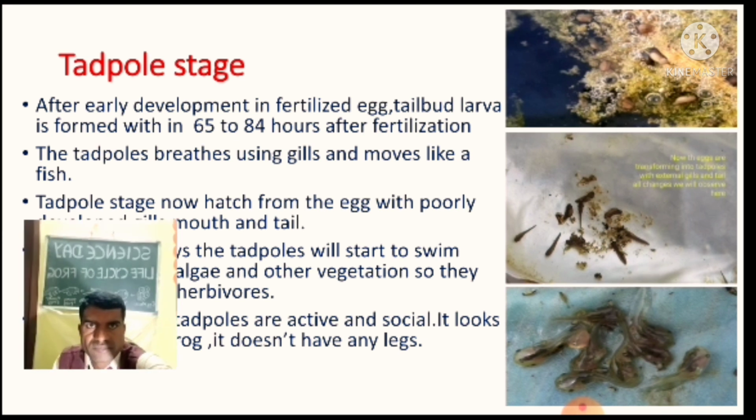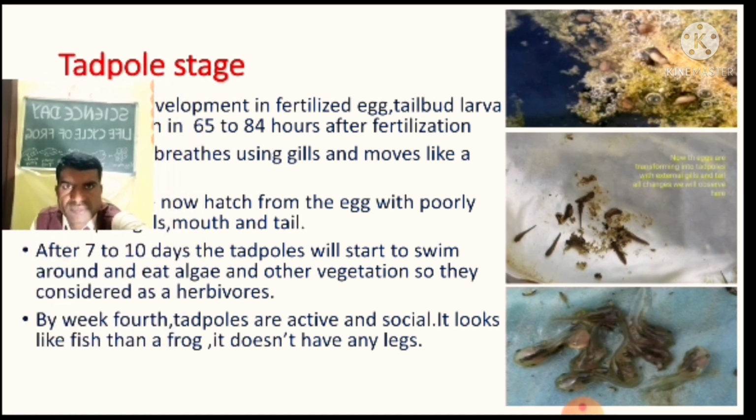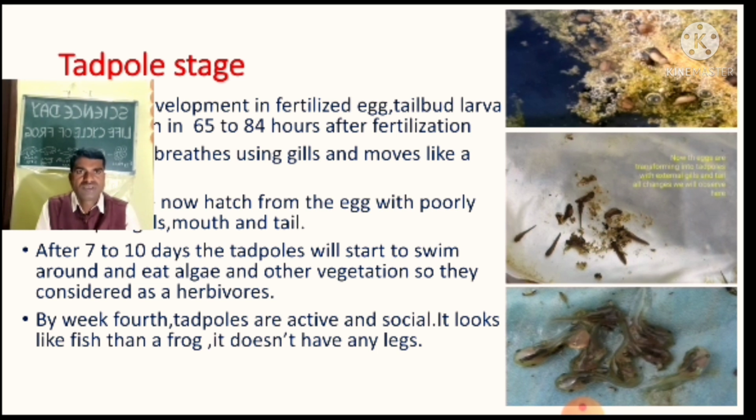After 7 to 10 days, the tadpoles will start to swim around and eat algae and other vegetation, so they are considered herbivores. Now feeding is going on. Likewise, the tadpoles are eating different types of algae.